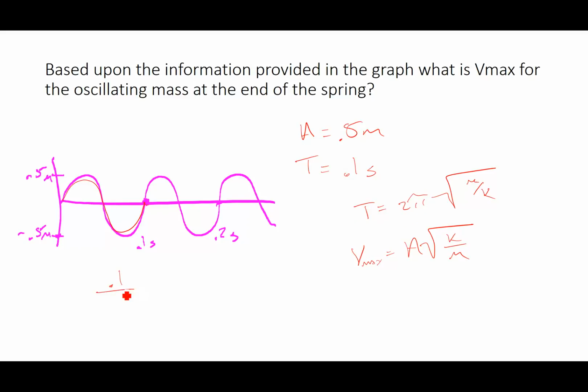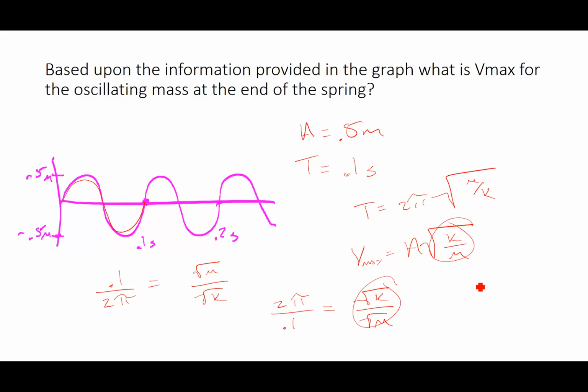So I have 0.1 divided by 2 pi is equal to the square root of M over K. What happens if I take the reciprocal of that and flip it? So then I say 2 pi over 0.1 is equal to the square root of K divided by the square root of M. Well, that is the same thing as this.